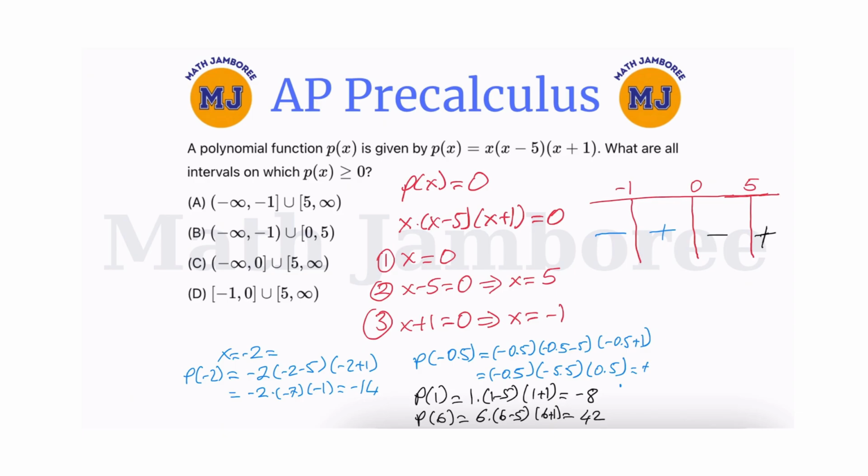So in the question, remember, we have been asked where P of x is greater than or equal to 0. So we're looking for the positive sections. It's obvious that we have the interval from negative 1 to 0. Are we going to include negative 1 and 0? Yes, we will, because this is a greater than or equal to sign. So we use closed brackets: negative 1 to 0, union with, after 5, do we include 5?